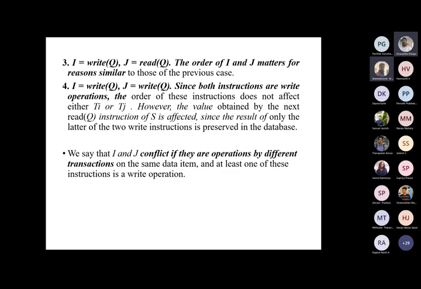And when both instructions are going to perform write operations on the same data item, the instructions do not affect the transaction Ti or Tj. However, the next instruction following, the next read of Q operation, is affected, right?